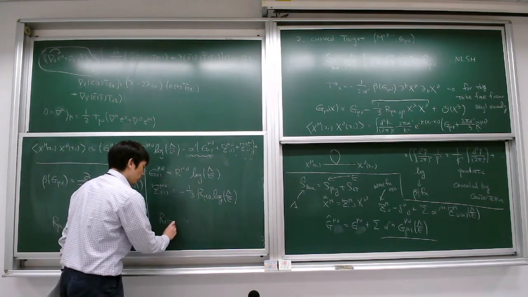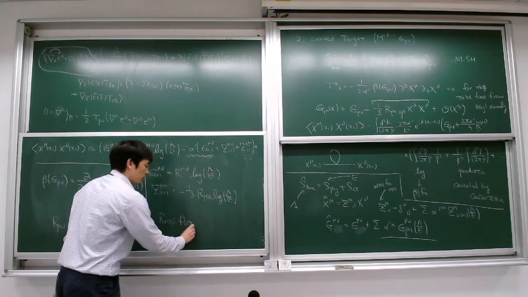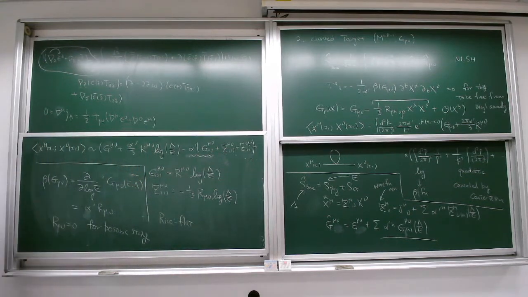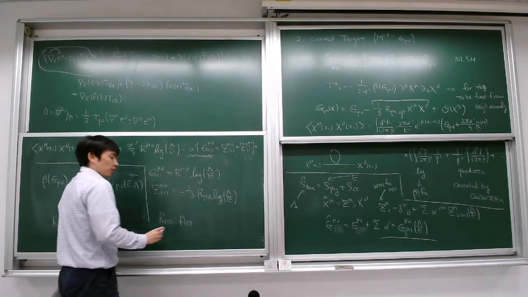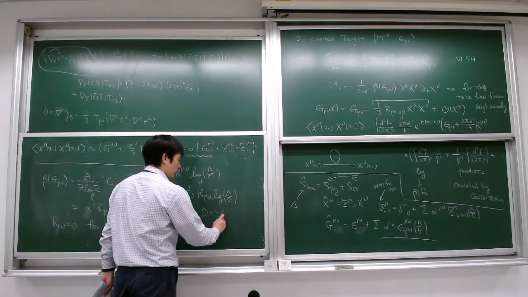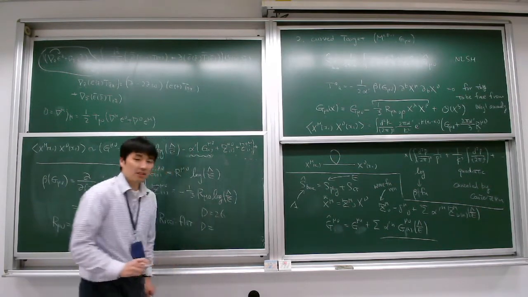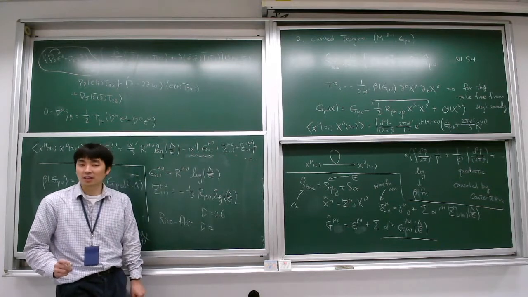And this is also true for superstring. I already included superstring in the last lecture note. It's also the same for superstring. So for bosonic string D has to be 26, and for superstring the dimension has to be what? 10.